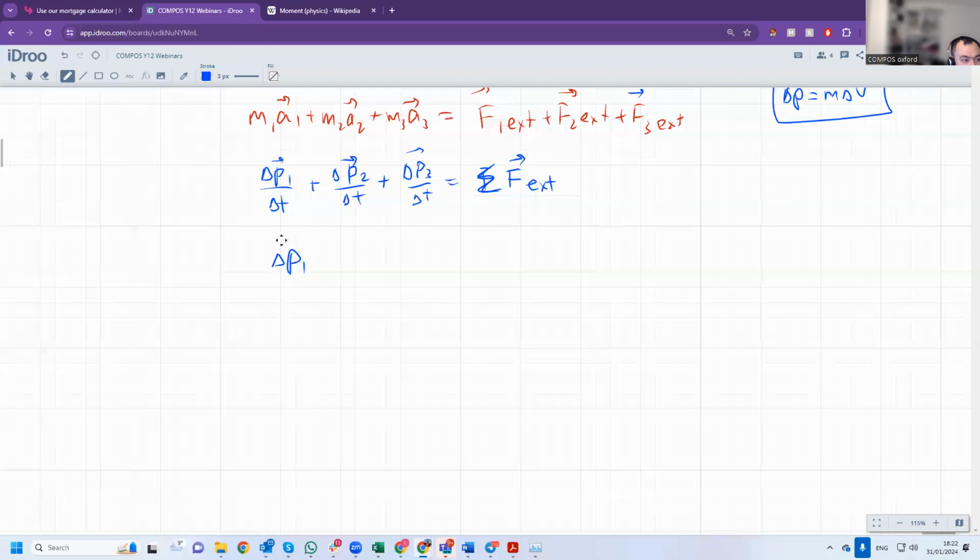So delta P1 plus delta P2 plus delta P3 is equal to the sum of the external forces multiplied by time, by change in time, of course. So this is the total change in momentum.